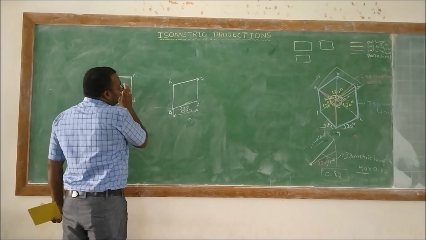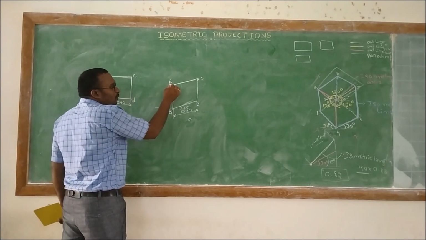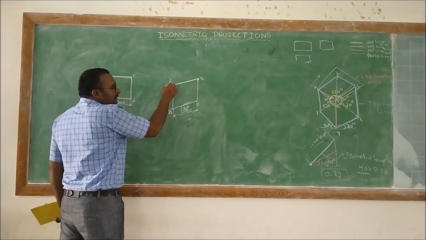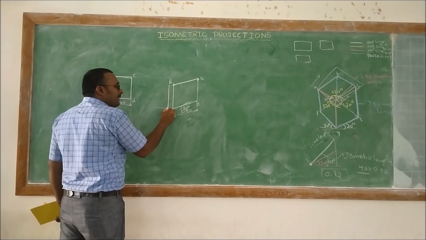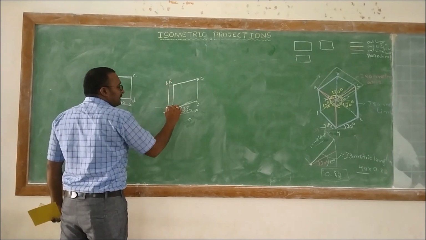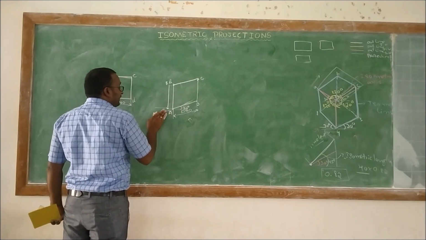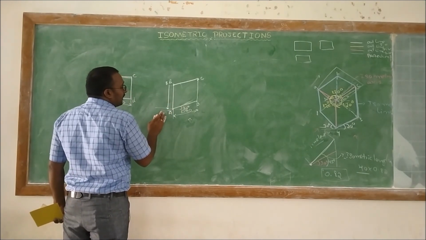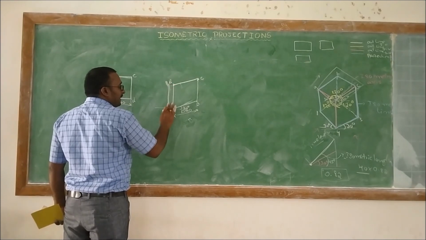Whenever we draw the side view of the given problem, the AD line remains the same, AB, and okay, we will draw separately.